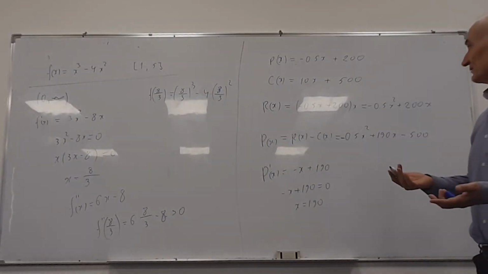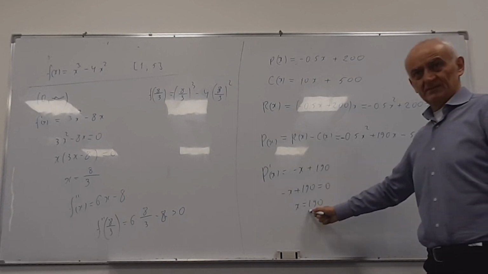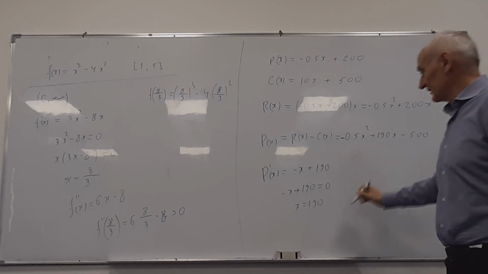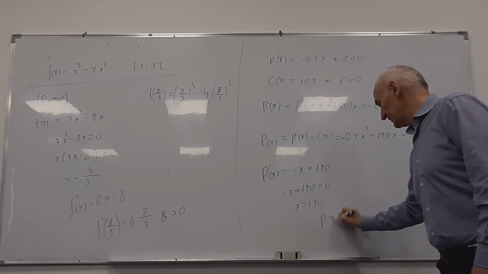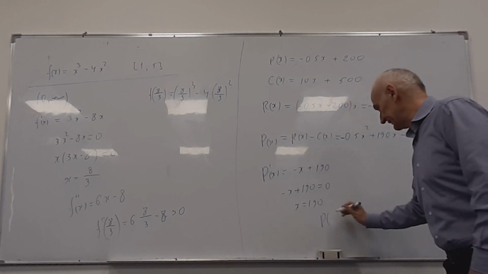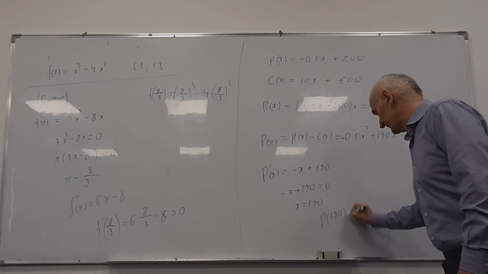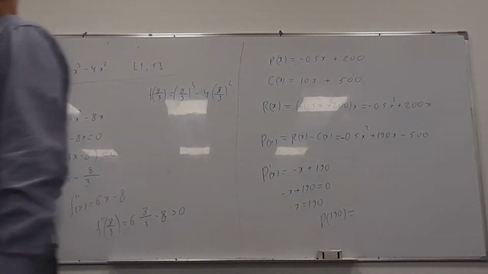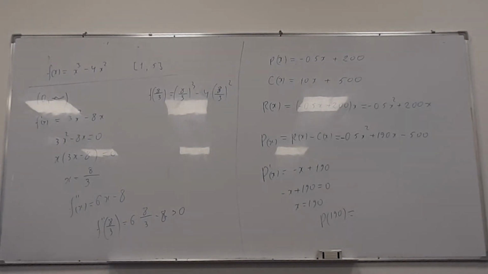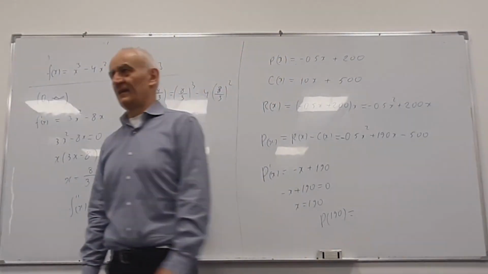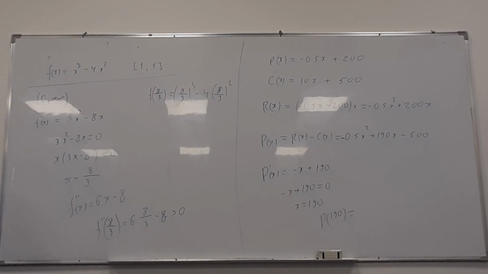To find this maximum profit, we should put here instead x to find not P(x) but P of 190, and this result, it will be maximum profit for the company. Any questions, Monica?